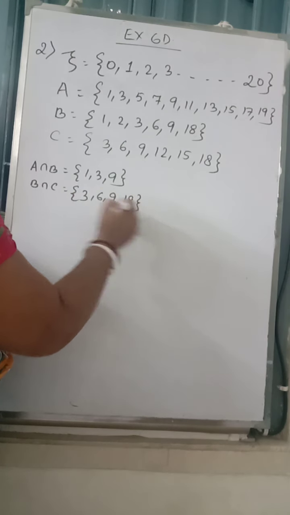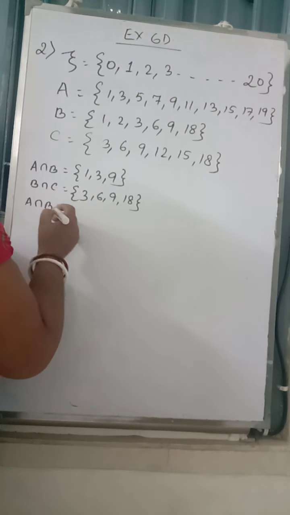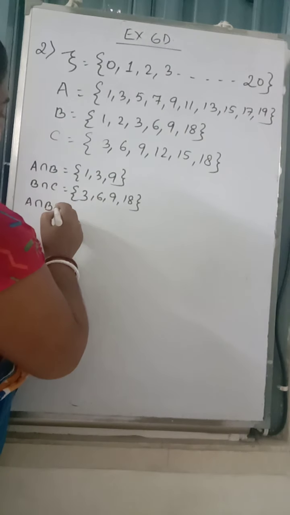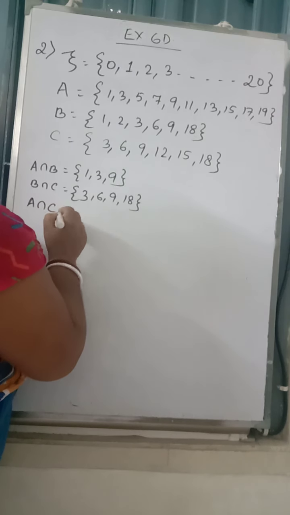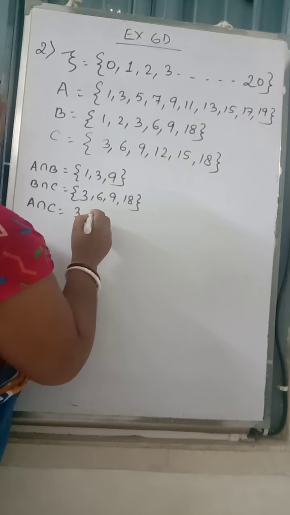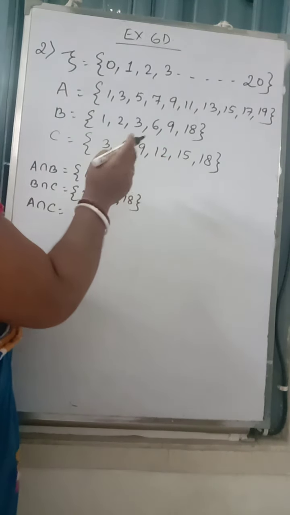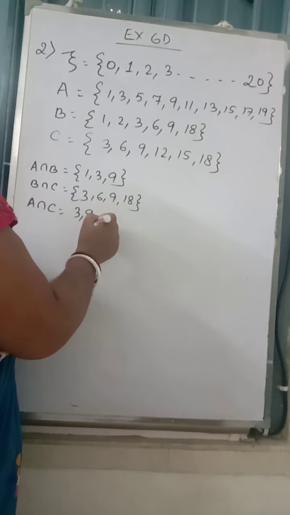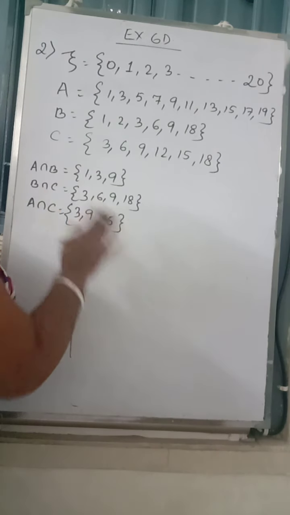Now A intersection C, we have 3, 9 and 15. Now what can we see? This 3 and 9 is common everywhere. That is not asked, it is for our own convenience that we are finding it.